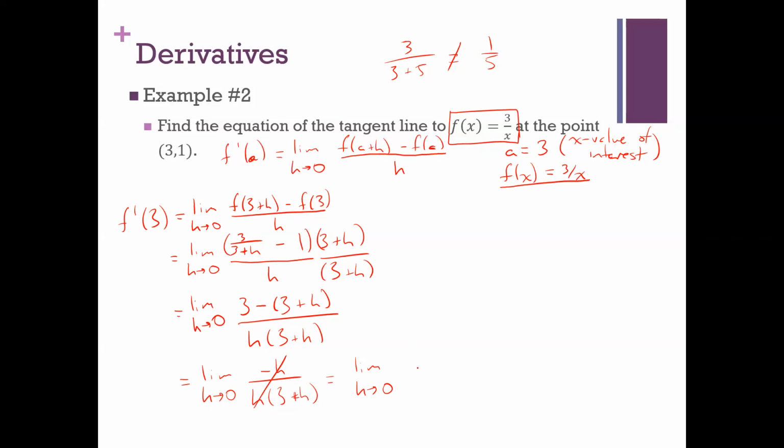Because this happens and I get this limit of negative 1 over 3 plus h. So my last two steps there? Oh, sure. So all I did was simplify the numerator. Can I evaluate this limit now?